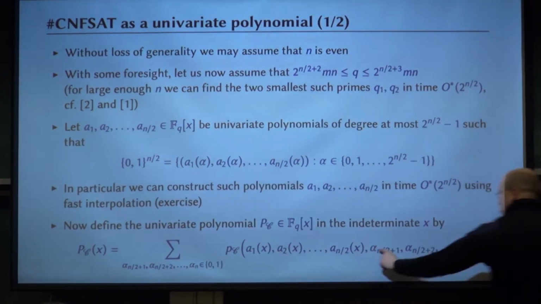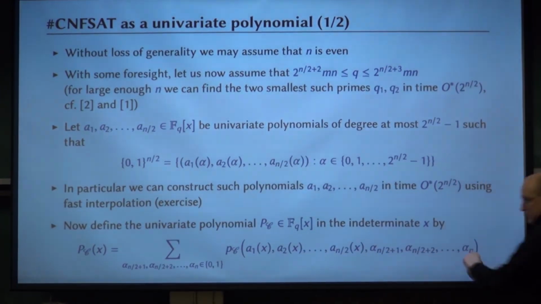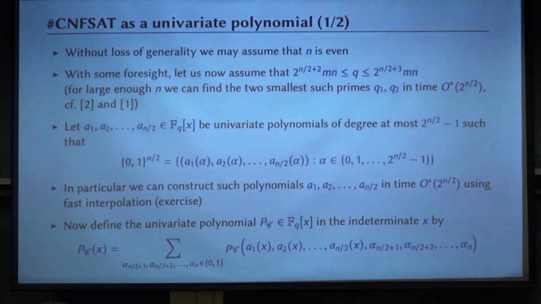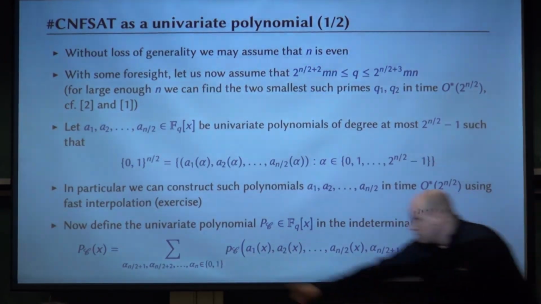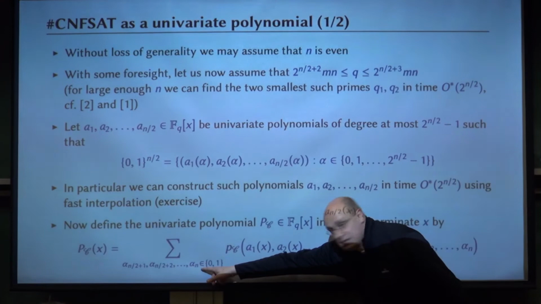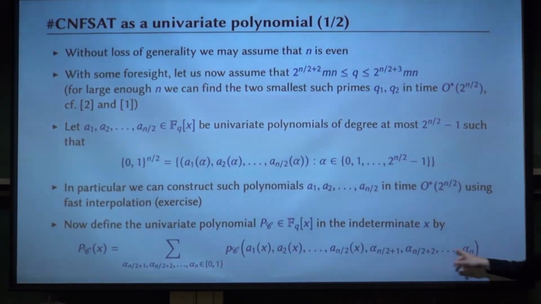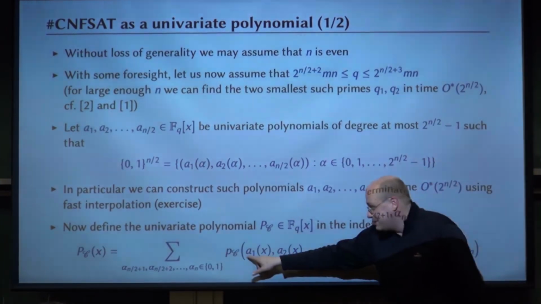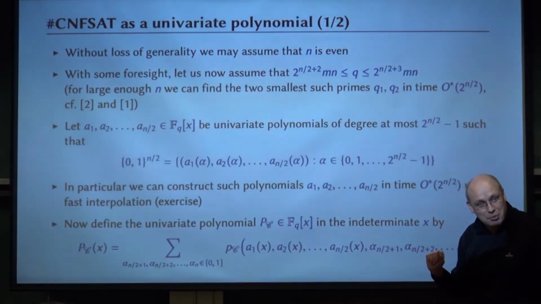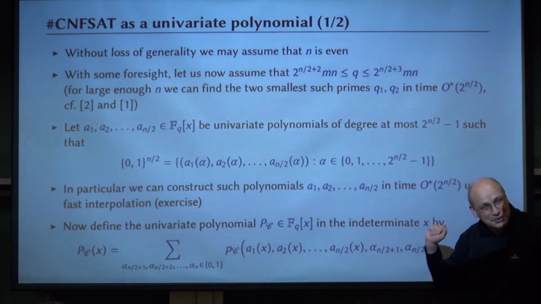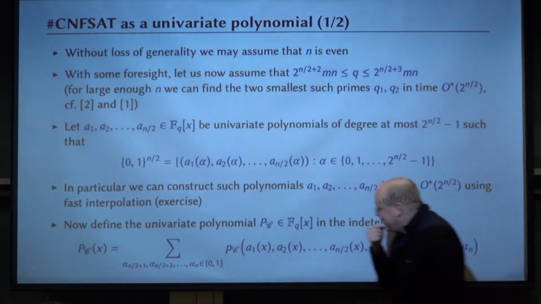I'm putting these values explicitly into the polynomial. This is an n-variate polynomial, if you remember. So these n over 2 values go explicitly in there. And then I'm using these interpolated polynomials, just substituting them there. Okay?